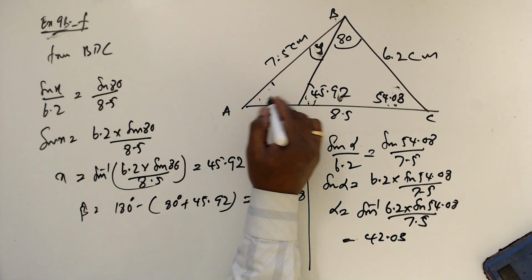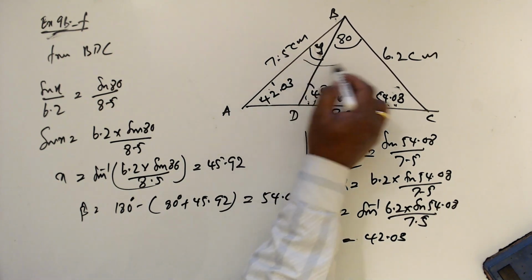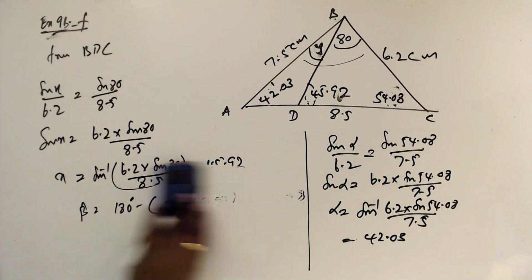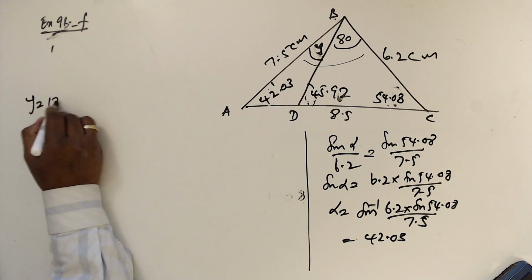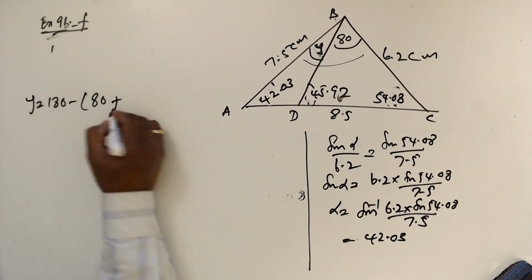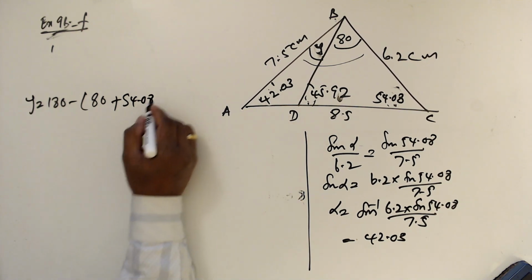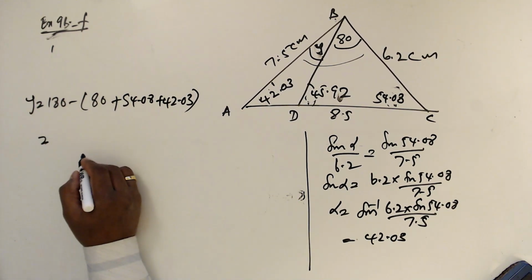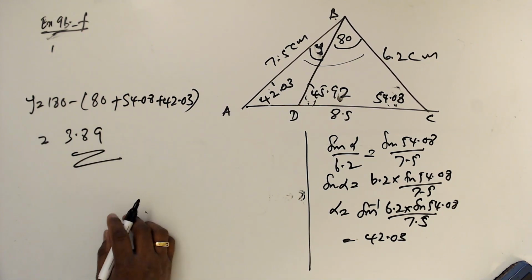Now we know this is 42.03. Now this one and this one add up to 180. In other words, y equals 180 minus 80 plus 54.08 plus 42.03, which is 3.89.